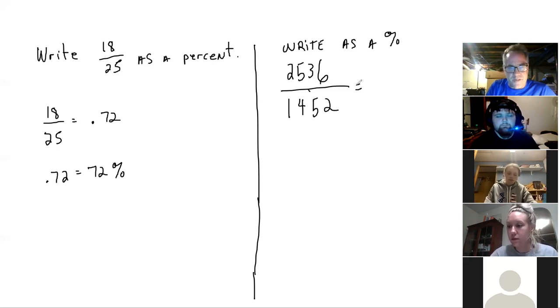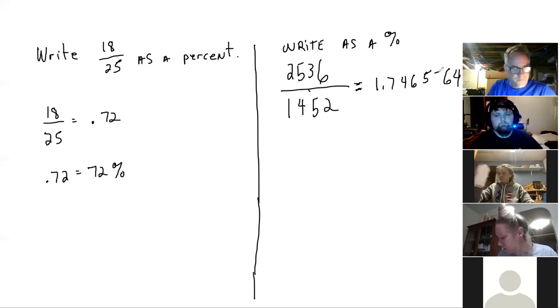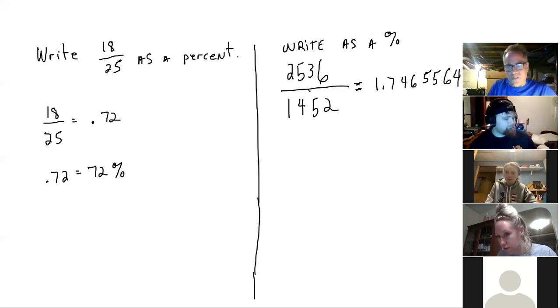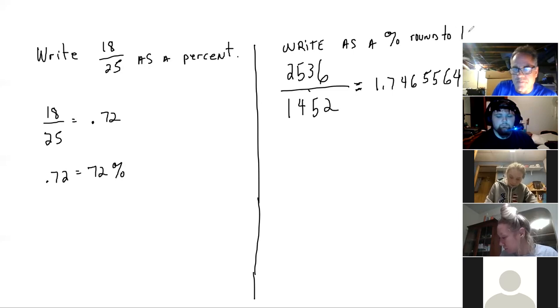Because what you're going to get here, because I just made this one up, is 1.7465564556 and then the cutoff, and there's probably more beyond that. But if I said, write this as a percentage, round to tenths place.